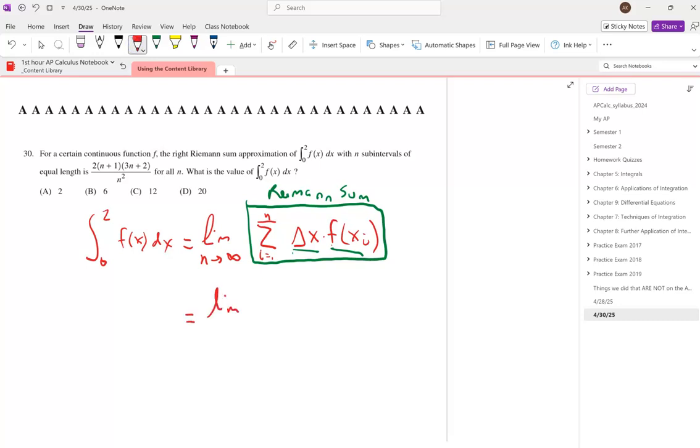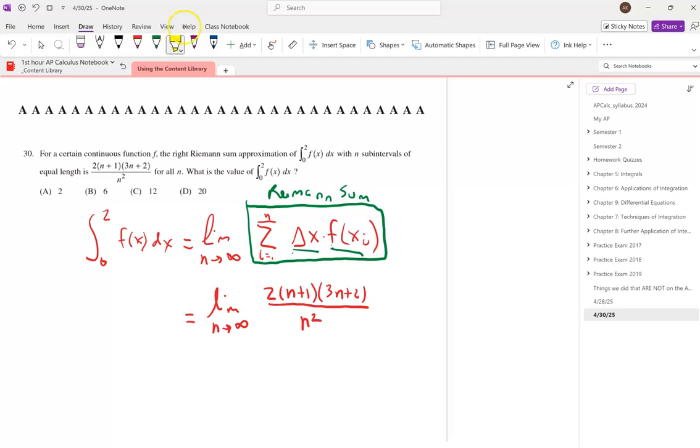Because that's the Riemann sum, we're told in the problem that I can approximate that with this expression. So I can just drop that Riemann sum and input that. This basically just turns into a limit problem now. I just need to find the limit as n goes to infinity of this expression.